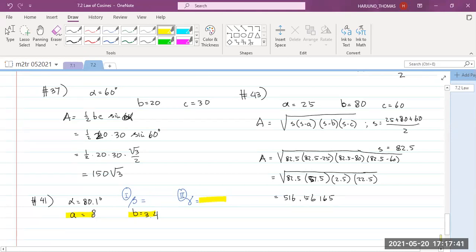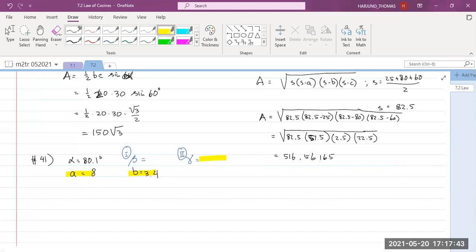Does it make sense? Now, more to say. Side A is greater than side B, so angle alpha, which is 80 degrees something, must be greater than angle beta. So we will not have beta 2; we will have only beta 1.